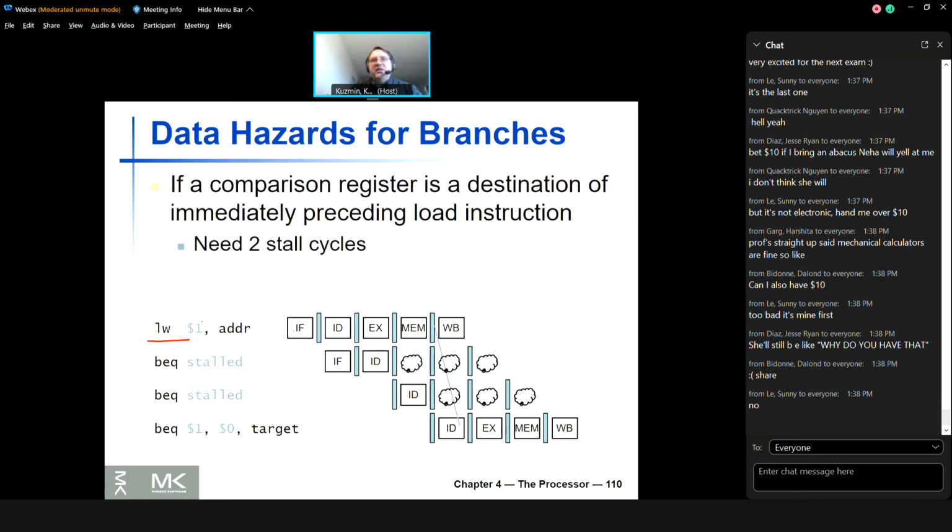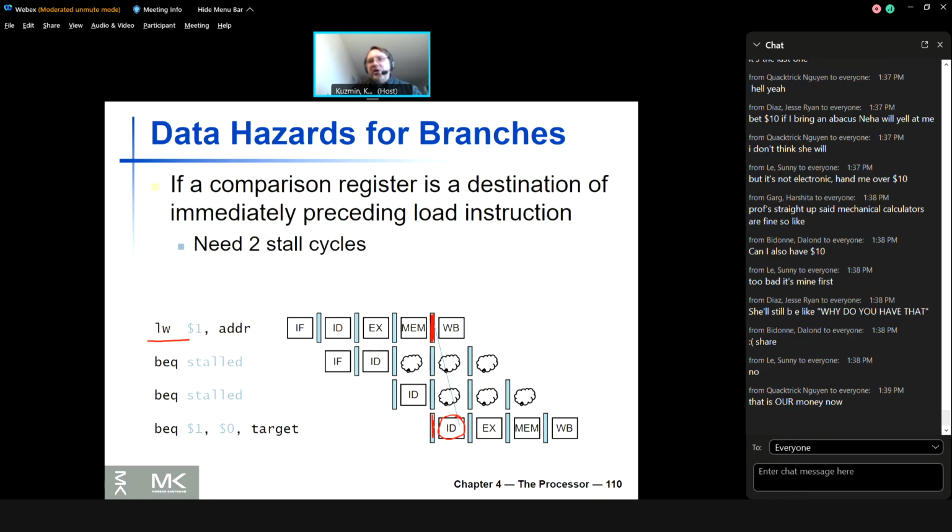Okay, because this value is not going to be read from data memory until here, and even if we added the additional hardware for BEQ to determine the result, the comparison between 2 registers, at the ID stage, we need it at the ID stage, right? So there's no way we could. So it works now because we inserted 2 bubbles.